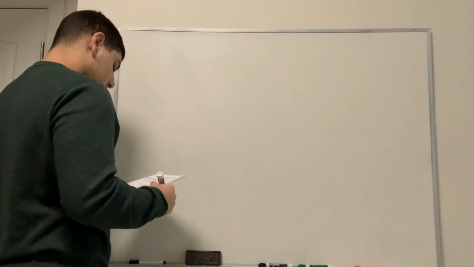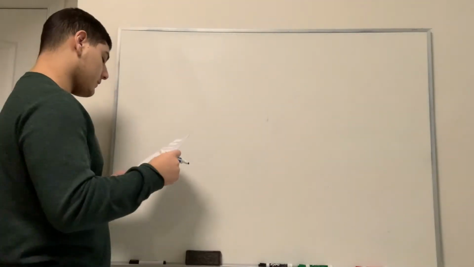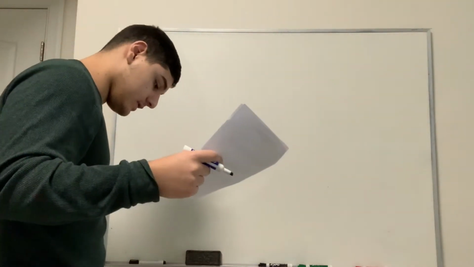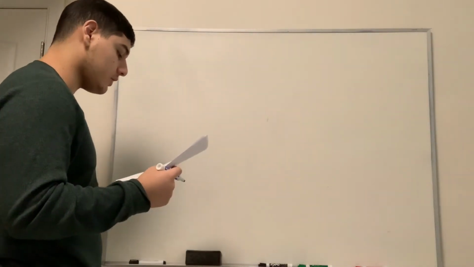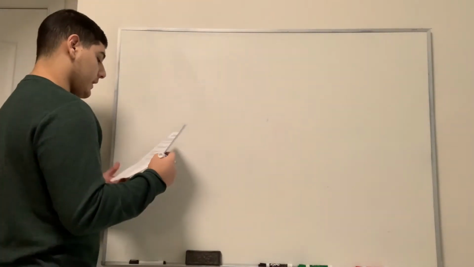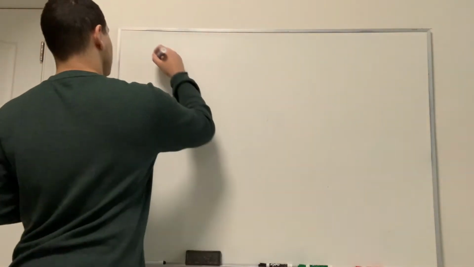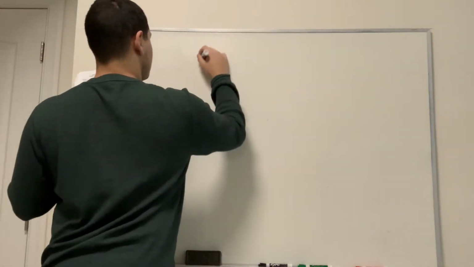So a rectangular photograph measuring 8 inches by 10 inches is surrounded by a frame with a uniform width X. So it looks something like this.